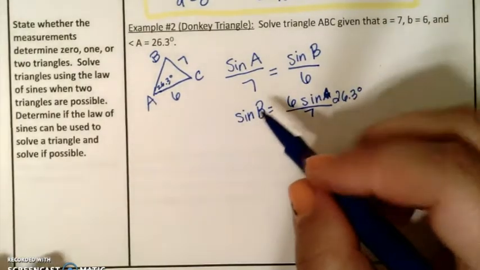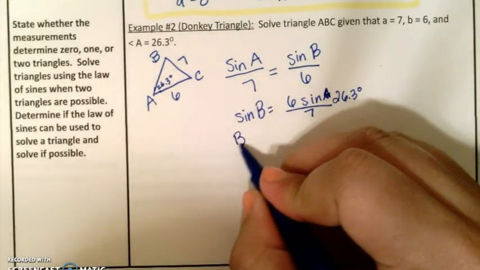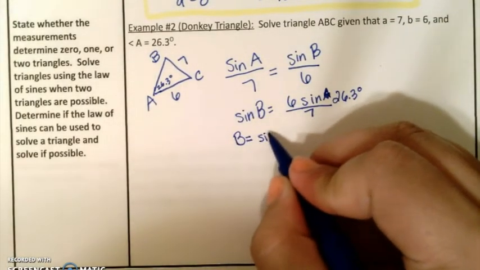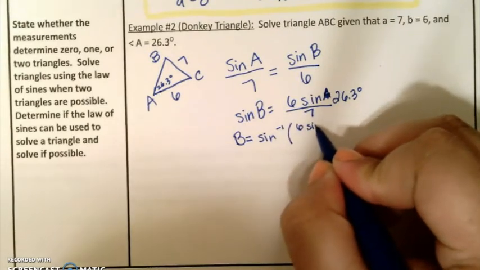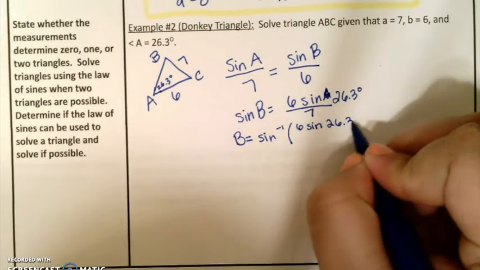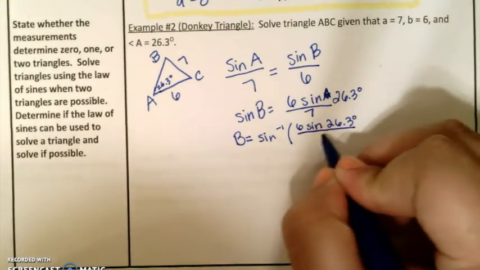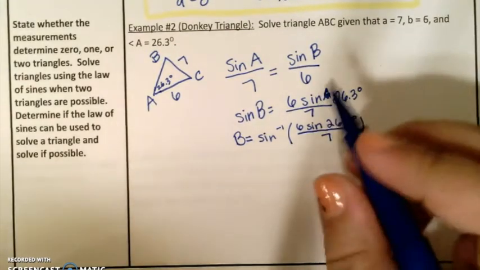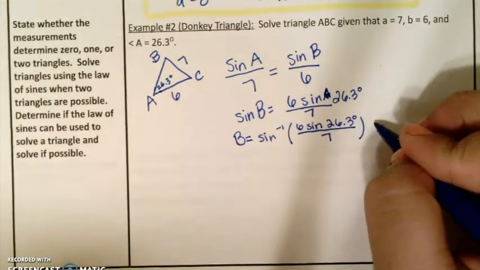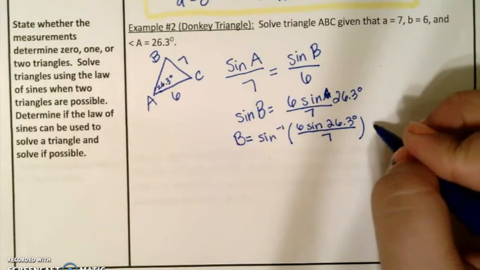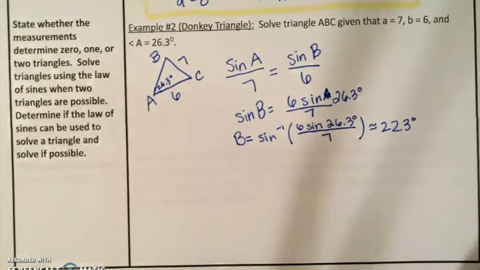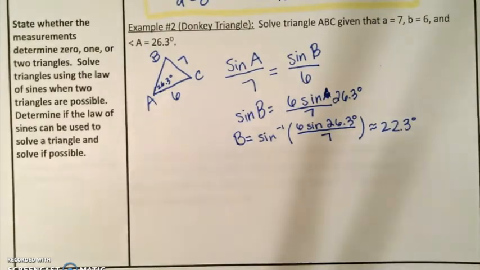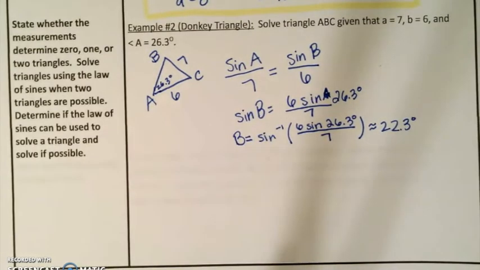Now we'll use our inverse function and find that B equals sine inverse of 6 times sine of 26.3 degrees divided by 7. And when you put this into a calculator, it is approximately 22.3 degrees. So now we have a value for the angle B.